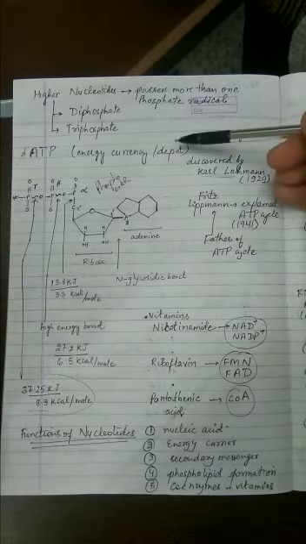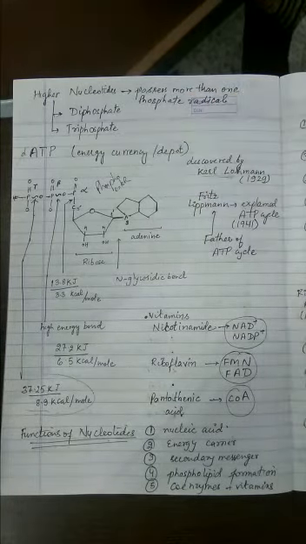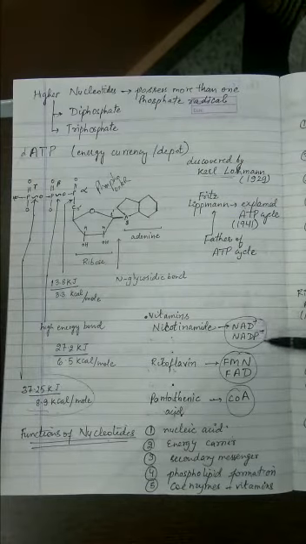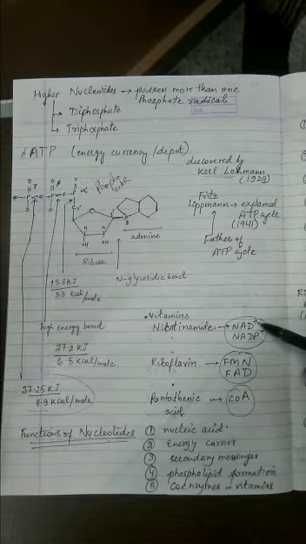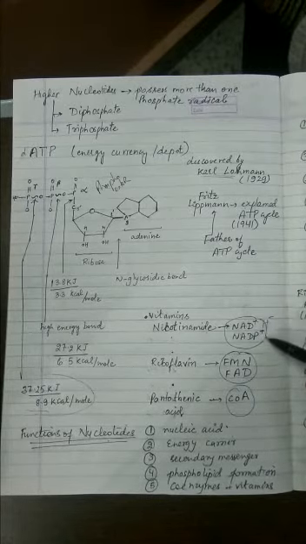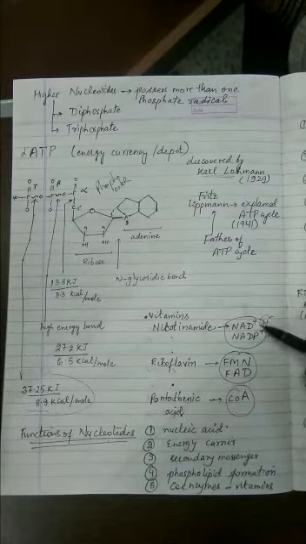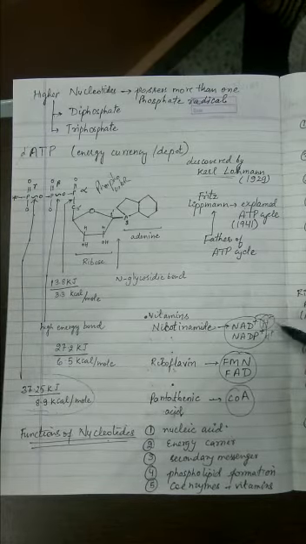We already learned today that ATP is the energy currency, and remember NADP, NADPH, NADP plus and NAD plus. These will join with hydrogen, or you can say the protons, to give energy-containing or reducing power. Once they pick up the hydrogen ion, they become reduced.